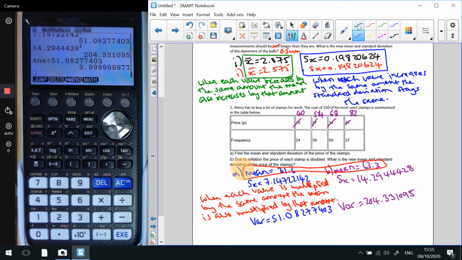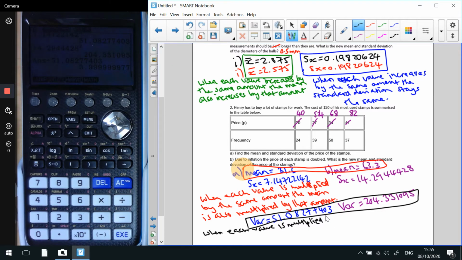Okay, so it's actually the variances that seem to be connected here. So it seems that when each value is multiplied by the same amount, the variance is multiplied.